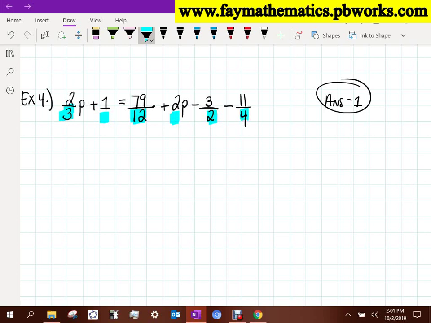That 2 and that 4. Now the ones that I put the highlighter over, we don't really need to worry about those denominators as we do this problem. The denominators we have to worry about are the ones that are non-ones, values that are different than 1. So, we look at the 3, the 12, the 2, and the 4.